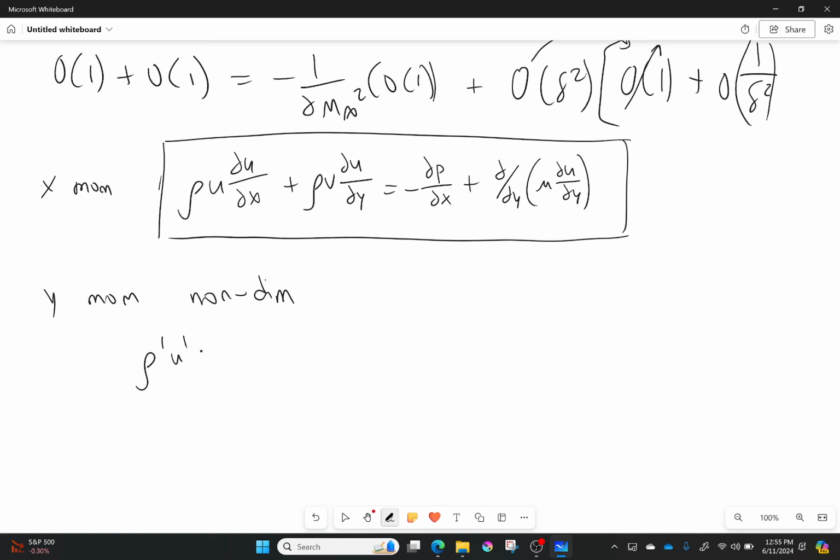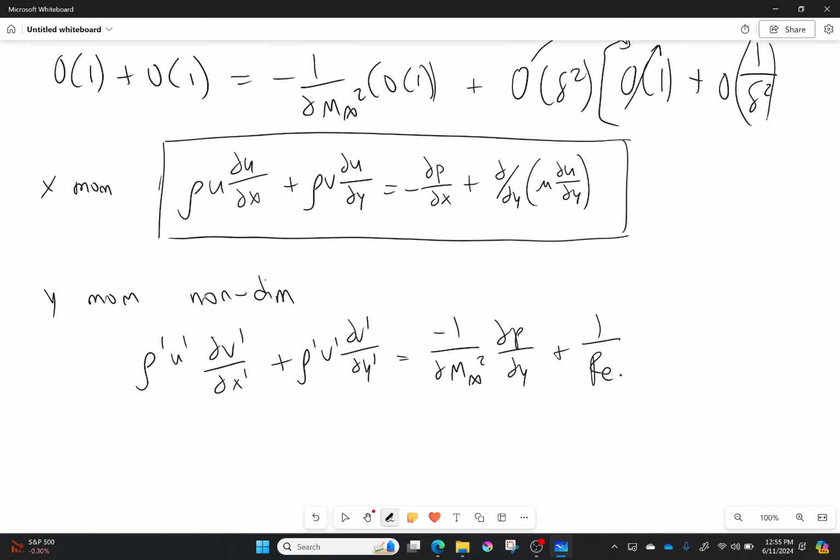So rho prime u prime, dv prime dx prime, plus rho prime v prime, dv prime dy prime, is equal to, once again, negative 1 over gamma infinity squared, dp dy, plus 1 over a Reynolds number, d dx prime.